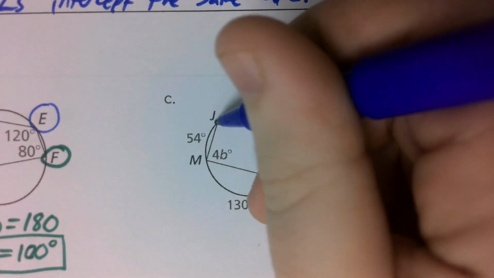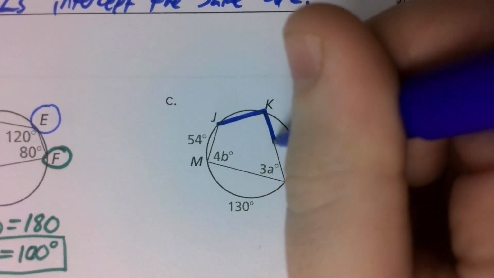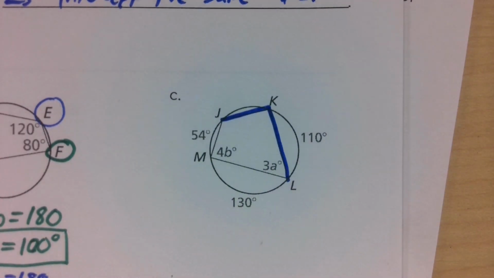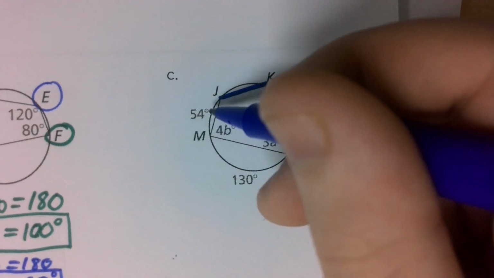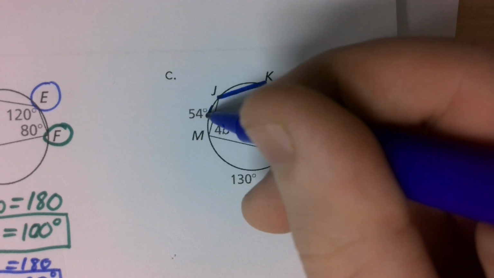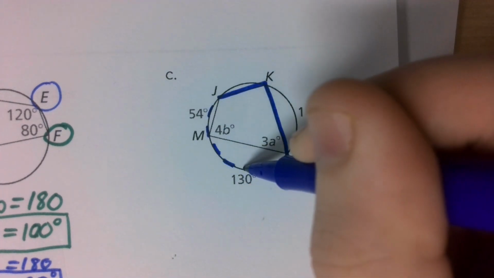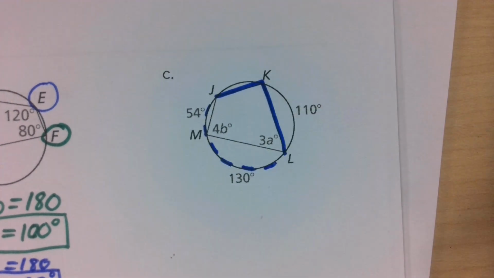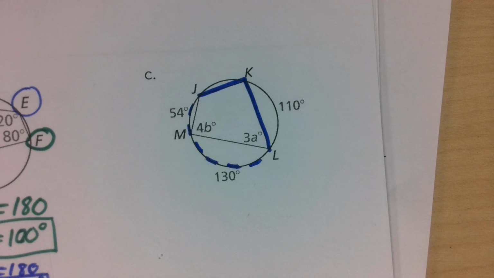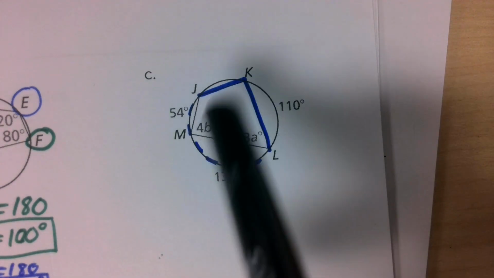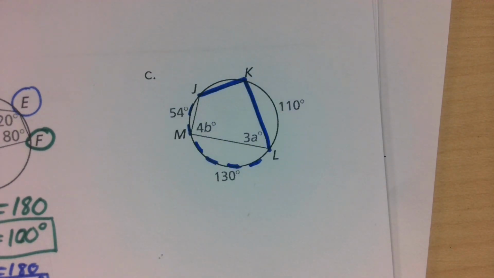For instance, let's take a look at angle JKL. If we look at what arc this angle intercepts, it's this one, arc JML. All we need to do is figure out what JML is, cut it in half, and we'll have angle K.